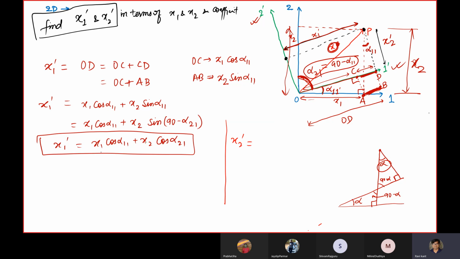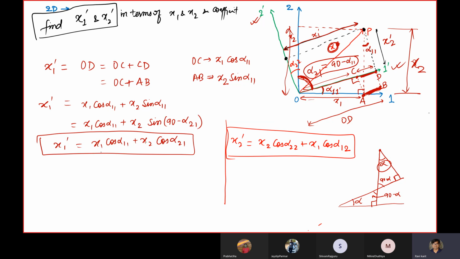If you do the similar algebra, you will come up with this expression: x2' equals x2 cos alpha 22, where alpha 22 is this angle going from 2 to 2, plus x1 cos alpha 12. Now these two relations are important.